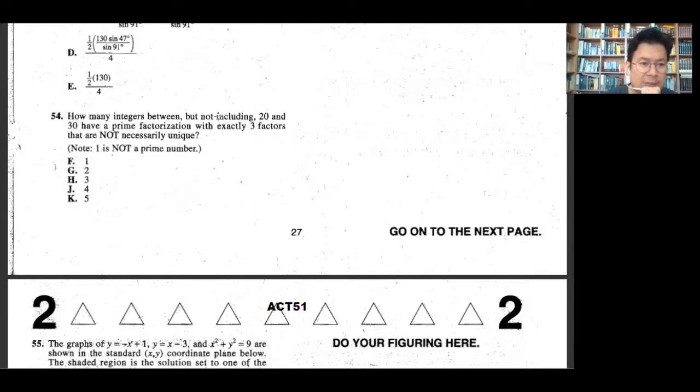54. How many integers between this have 3 factors?